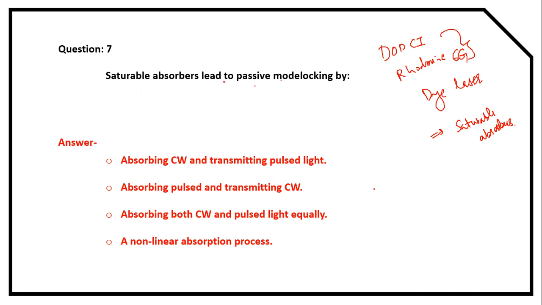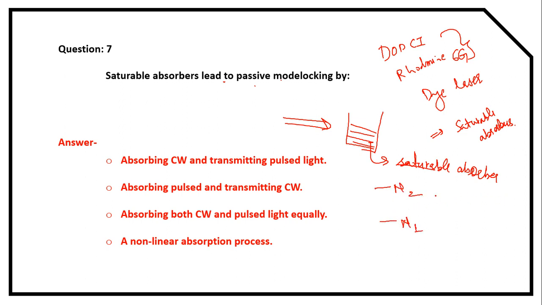What happens in this saturable absorber is, say, the light beam from any pulsed source, after continuous refraction, passes through this saturable absorber. Say its name is rhodamine absorber. In terms of energy levels, it has n1, which is the ground state, and n2, which is the excited state.